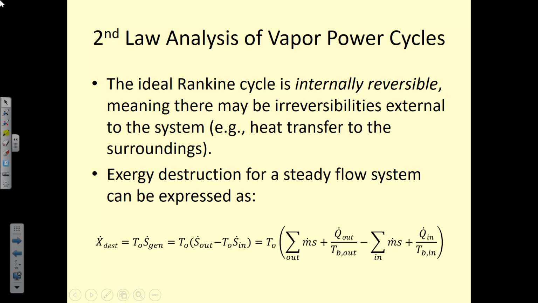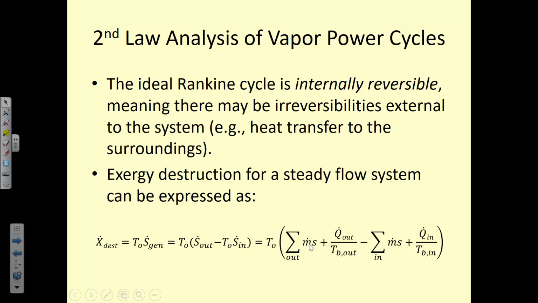So when we look at the second law analysis for the Rankine cycle, and we want to determine the exergy destruction for it, we would follow the equations given here. So this is the rate of exergy destruction is equal to the sum of the mass flow rates times the entropy of all of the outlets minus the entropy of the inlets.